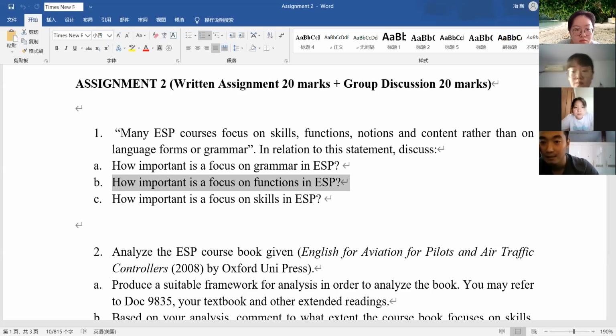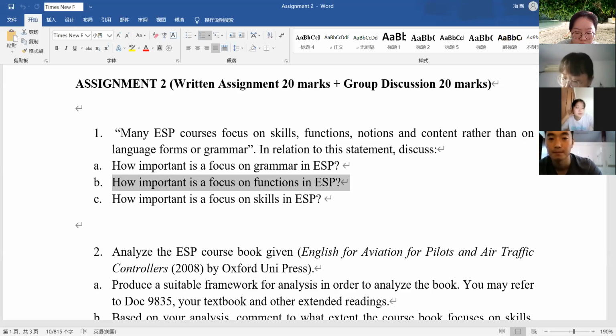Okay. Since ESP is designed to meet the specific needs of a learner, we need to learn to communicate a set of professional skills and also to perform particular job-related functions.